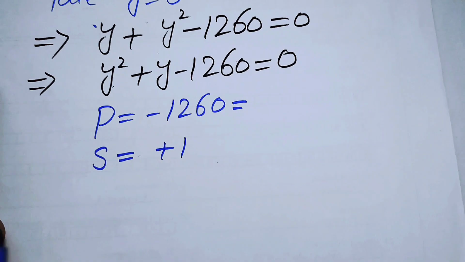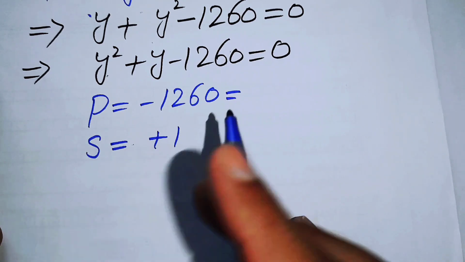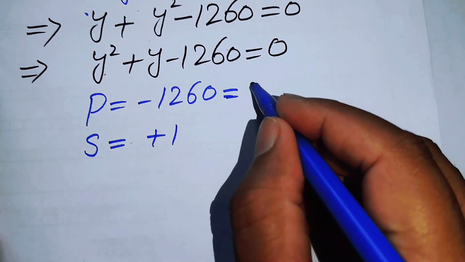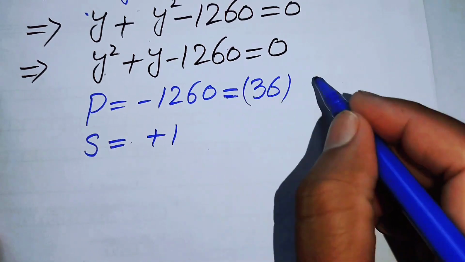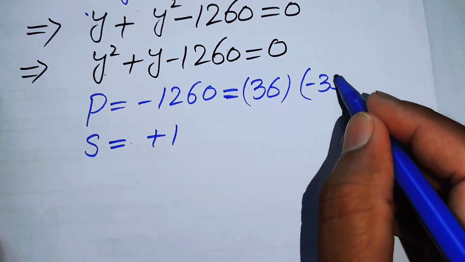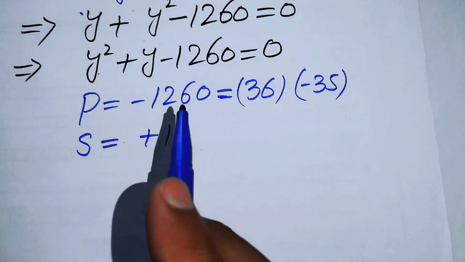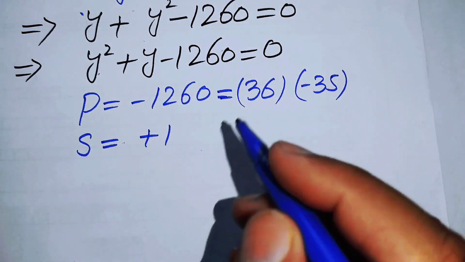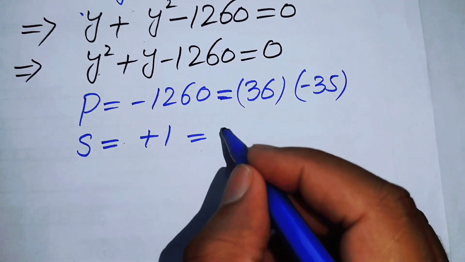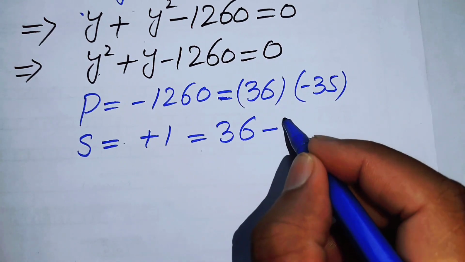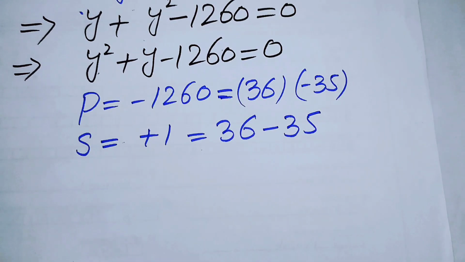I can find these two numbers are 36 and minus 35. If you multiply 36 by minus 35, you get minus 1260. Similarly, when you add 36 and minus 35, you get plus 1.